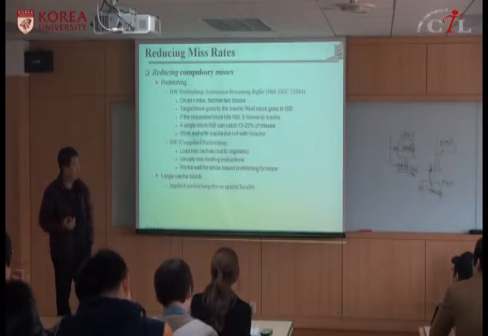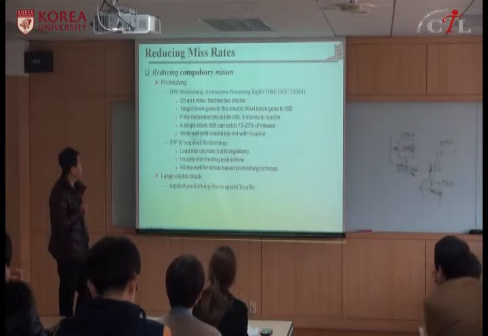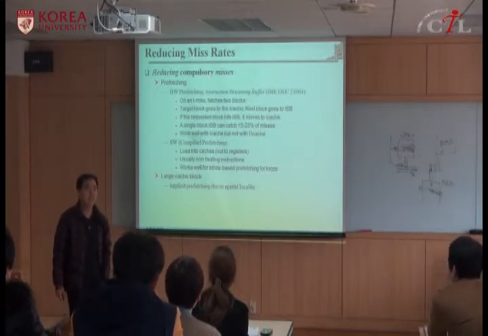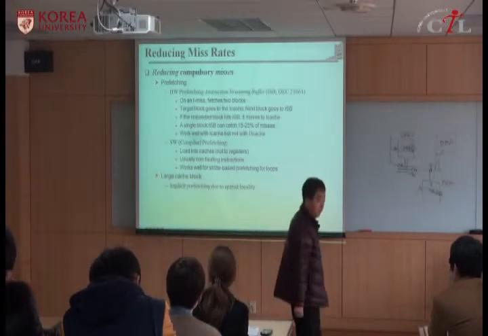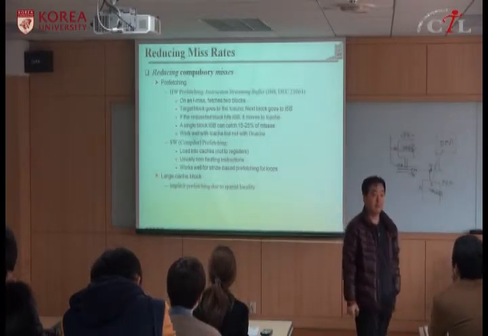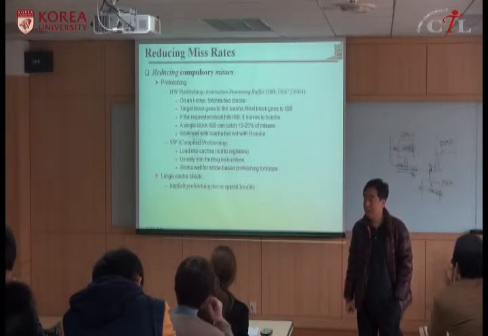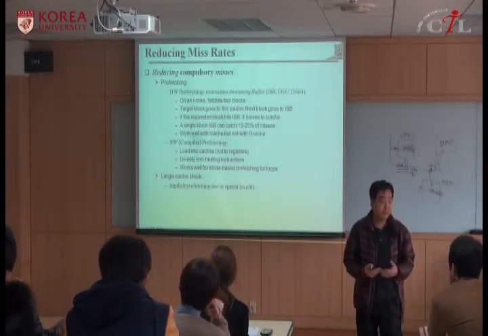Okay? Prefetching is trying to reduce compulsory misses. Compulsory miss, the first access to a block is always a miss, right? Because you have never referenced that memory block before. You cannot avoid it. That's why they call it compulsory miss.